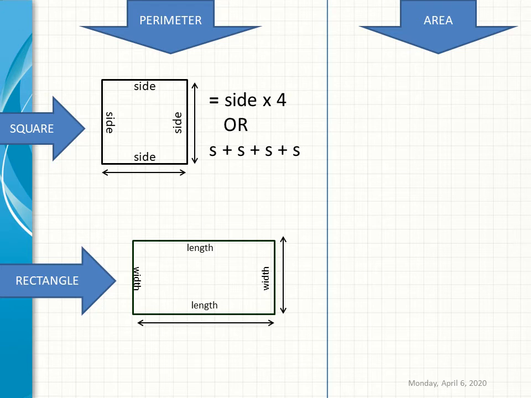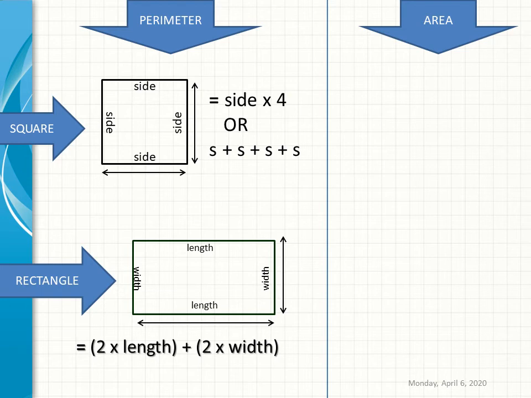How do we find the perimeter? To find the perimeter, we add the two lengths and then the two widths and add the two together. So if the length of this rectangle is 5 centimeter and the width is 2 centimeter, we add 5 and 5 and then also add 2 and 2. Then we add the two answers together.